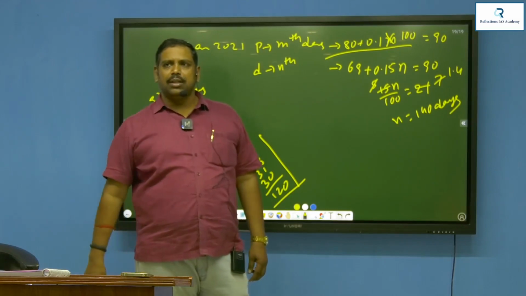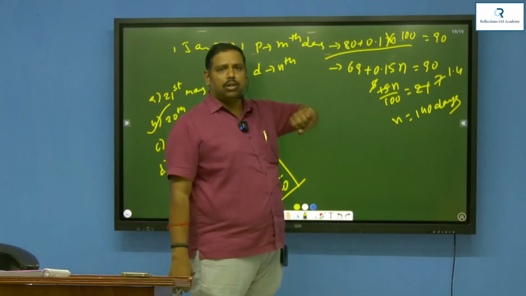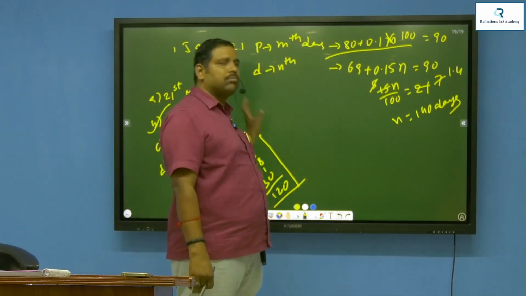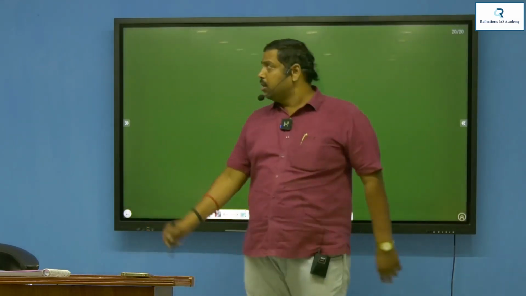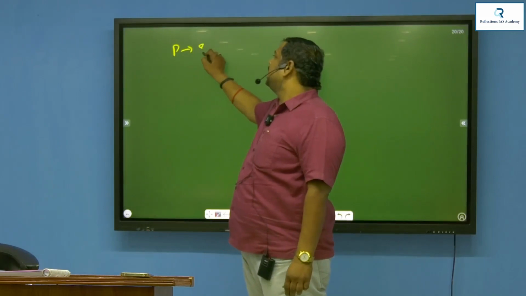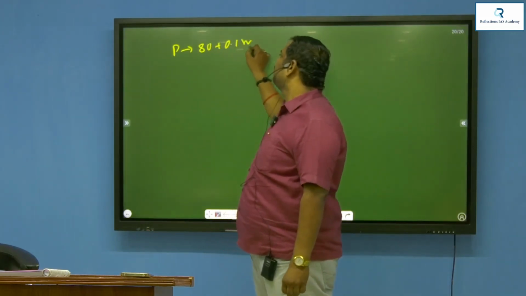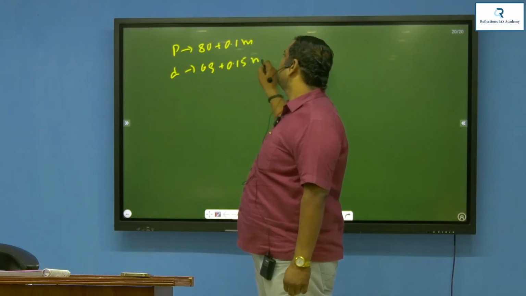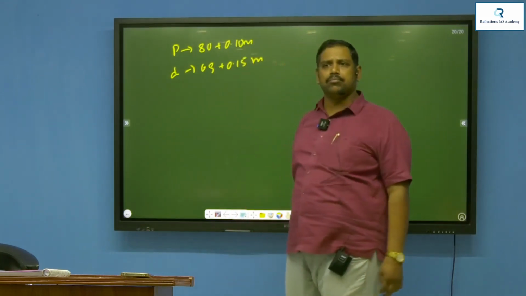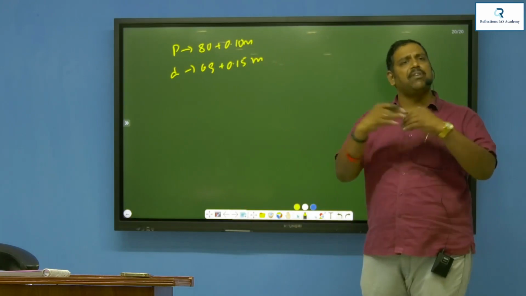Small change. Then to solve the problem, you don't need to do this entire procedure. The procedure changes. Okay. Here, petrol is 80 plus 0.1 m. Okay, diesel is 69 plus 0.15 m. Means this is 10, this is 15. Right or wrong? Okay, both are forever.